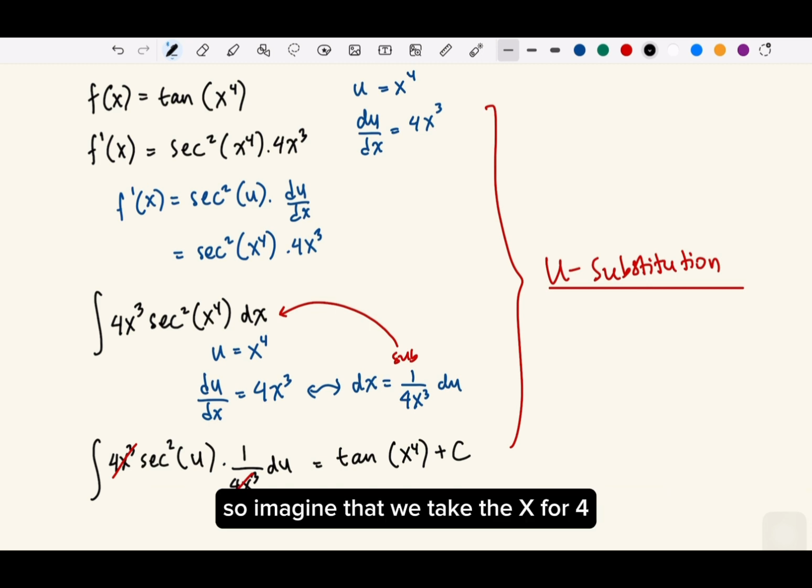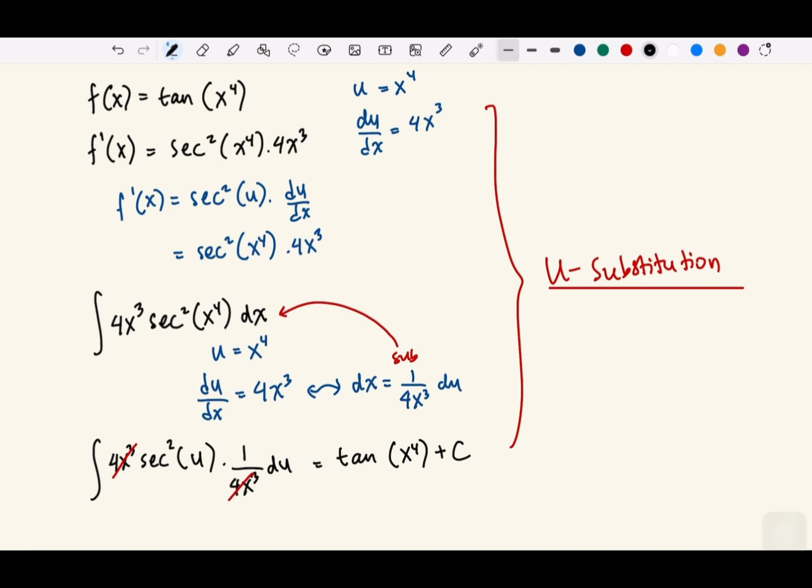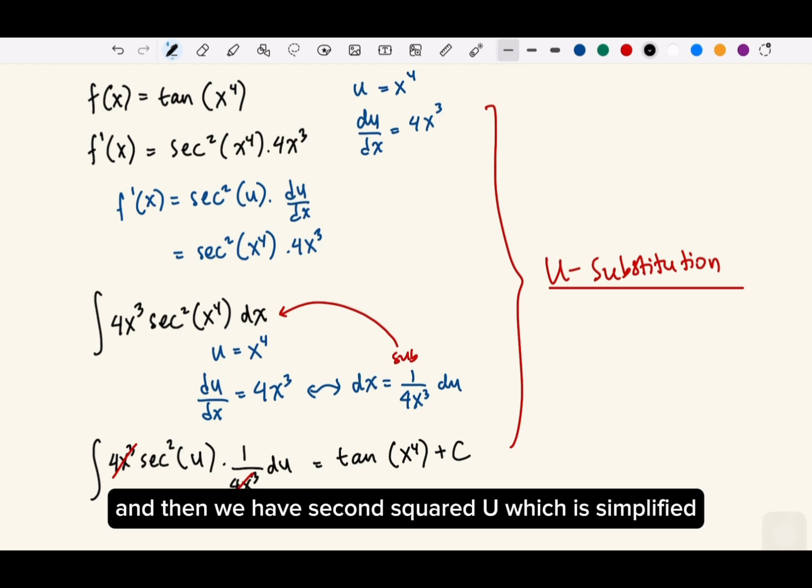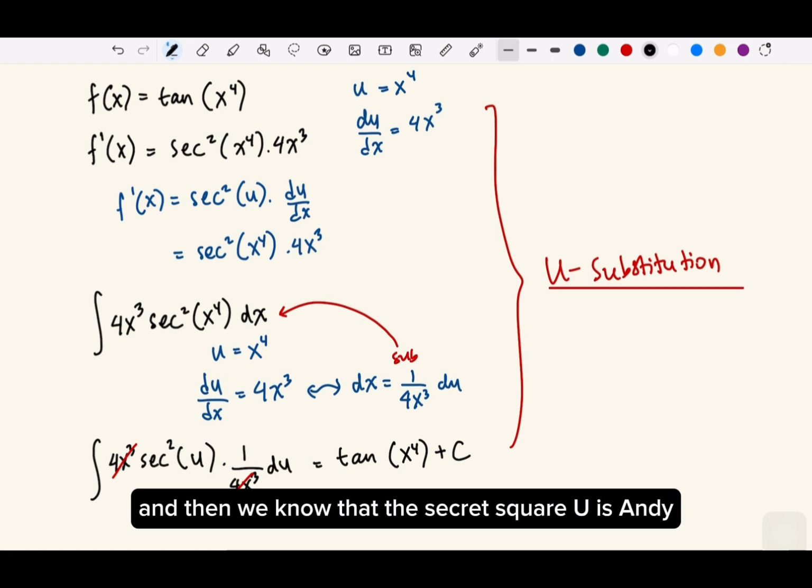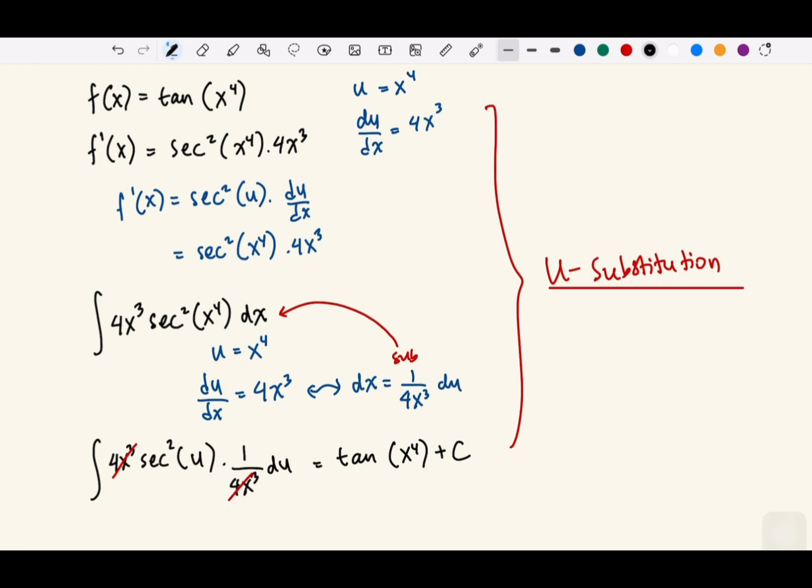So imagine that we take x to the power of 4 because when we derive it has the 4x cubed. And then we substitute 1 over 4x cubed and we can cancel it. Okay. And then we have secant squared u, which is simplified. And then we know that the integral of secant squared u is tangent u. We can integrate that easily. Okay, so that's the idea.